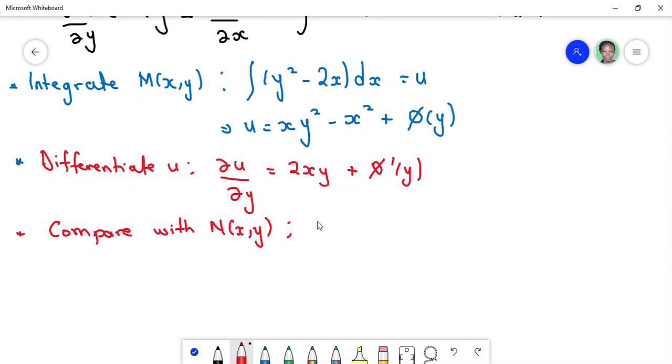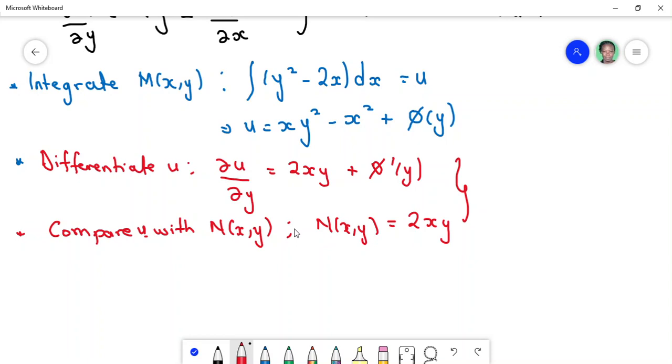Don't forget our N of x, y, we know it's equal to 2xy. So we are comparing this. So you compare this u with that.